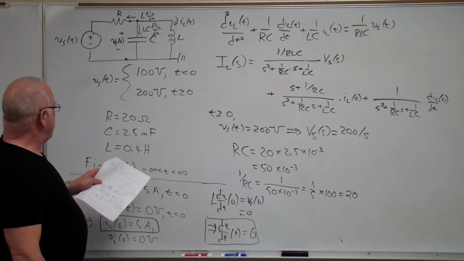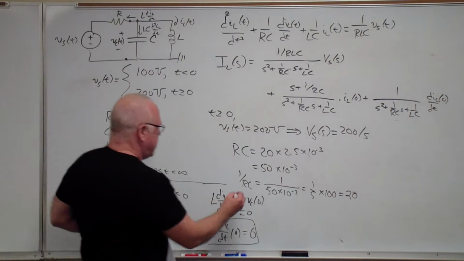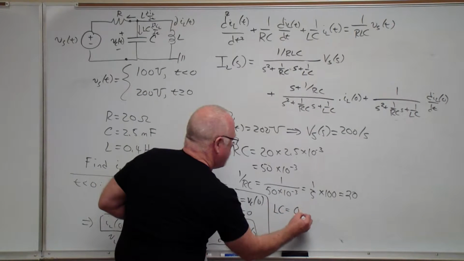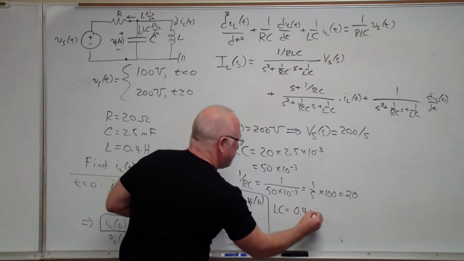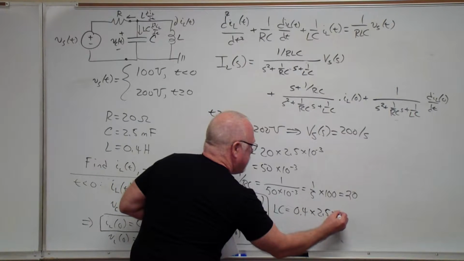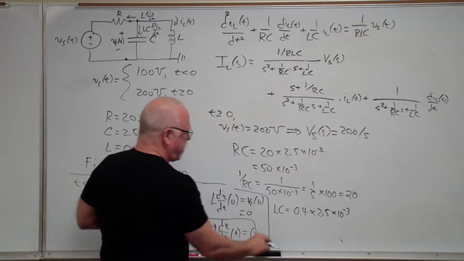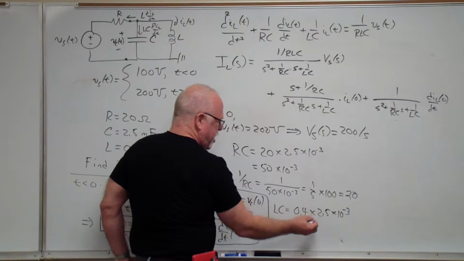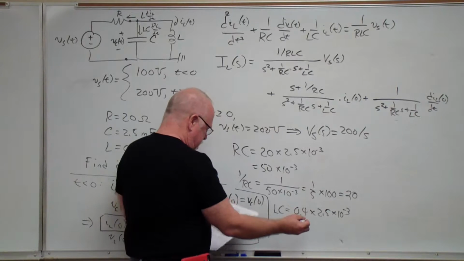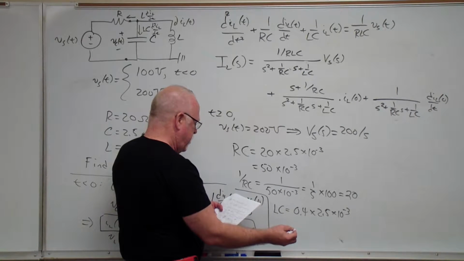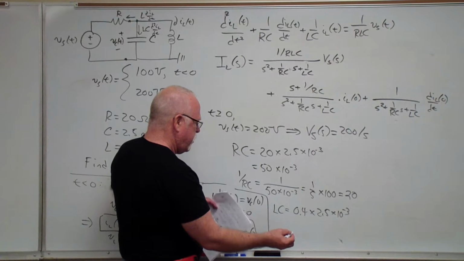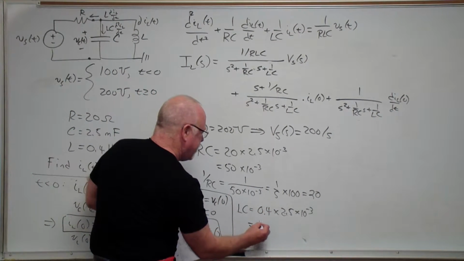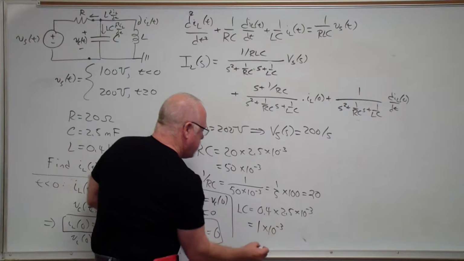LC is going to be, LC is 0.4 henries times 2.5 millifarads. Let's see if I can do the arithmetic right this time. 4 times 2.5 would be 10, and I think I got a 0.1 there, right? 2/5 of 2.5 is 1. How about that? So 1 over LC is 1,000.